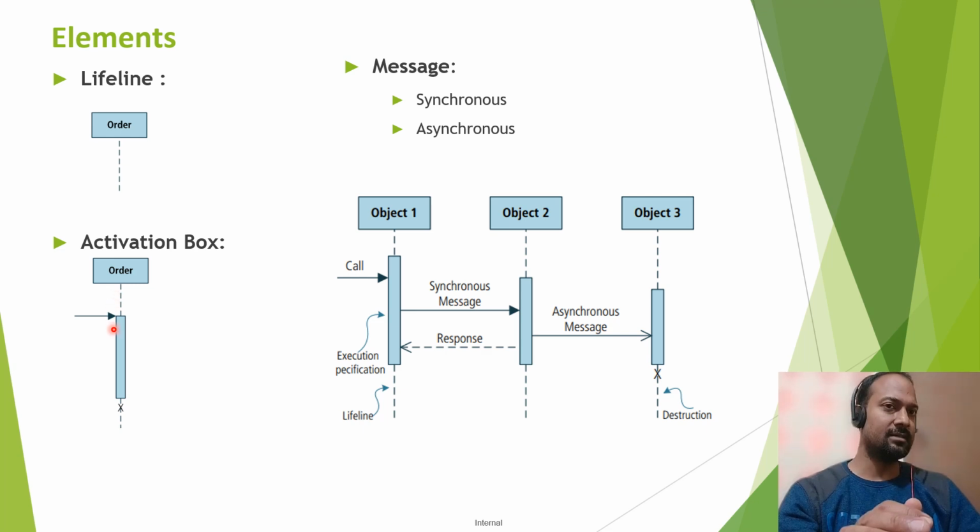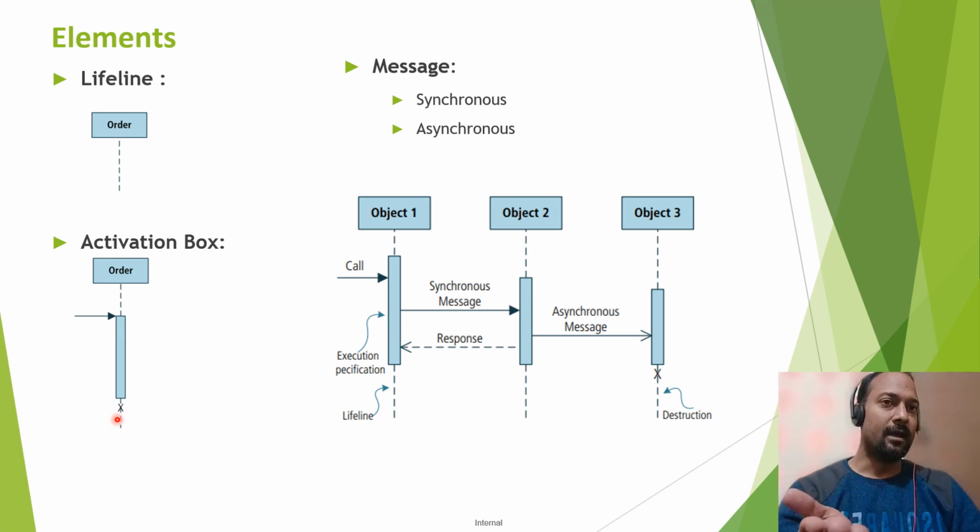Activation box is again a vertical rectangular box with an arrow that shows the timeline of the process. This is the starting point, and wherever you see the cross icon here, that represents the ending of the process.